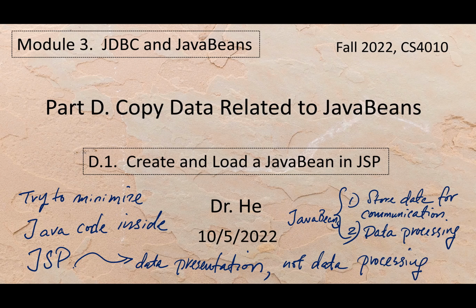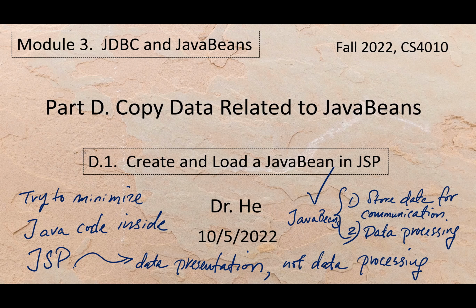If you use JSP to do a lot of data processing work, that's not a good way to use JSP. You have to find some other better way, and JavaBeans is one of such better ways. Later we have other ways to do data manipulation.